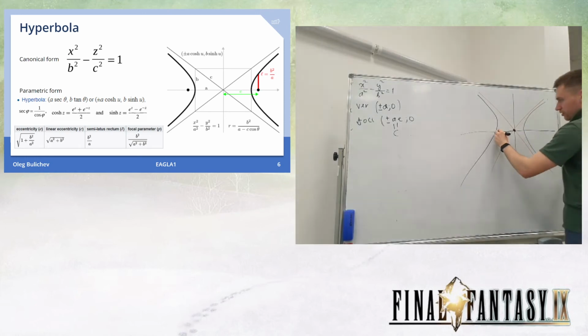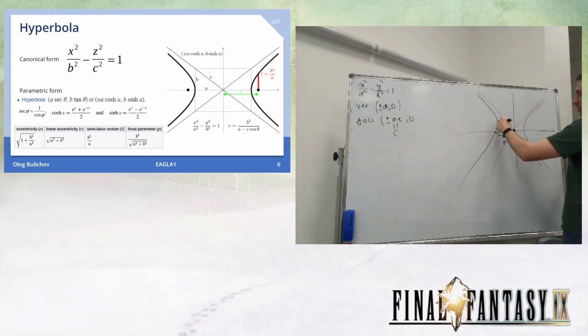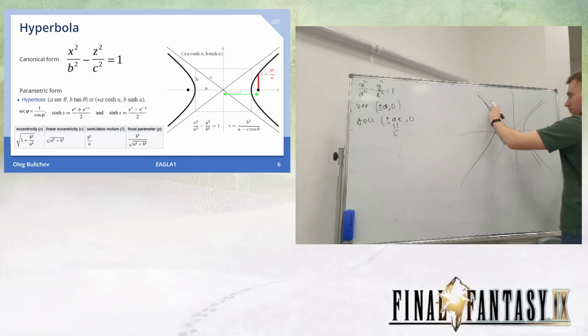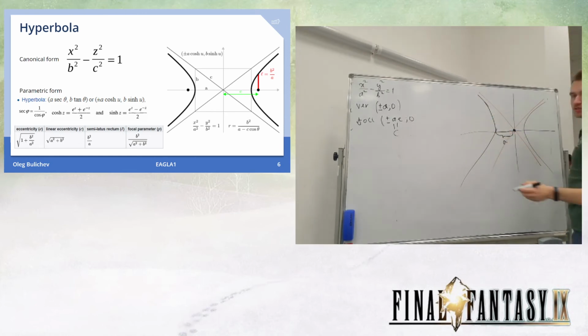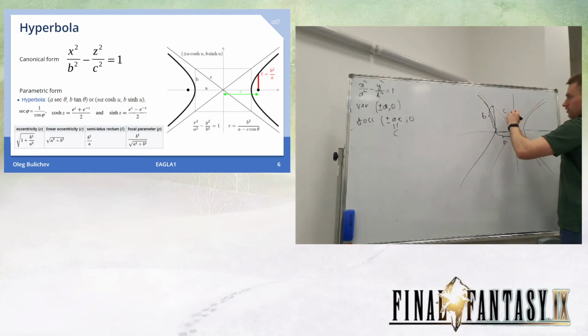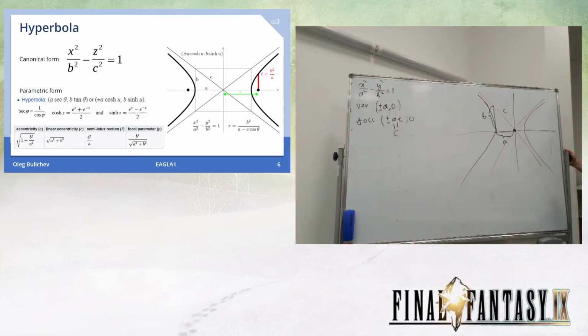This is A. How to find B? B is actually tangent to this point, and B and C. Also, C is what?